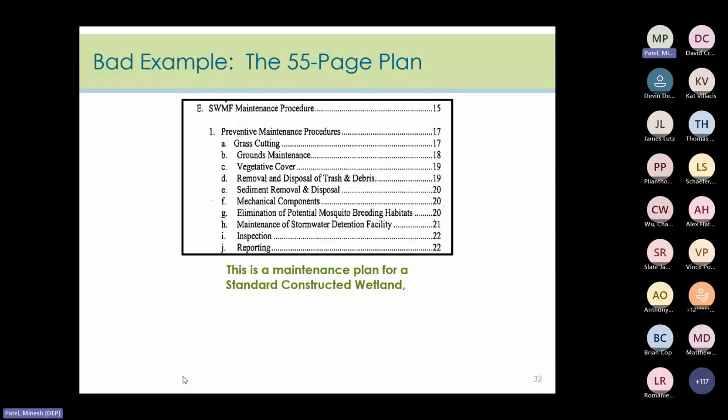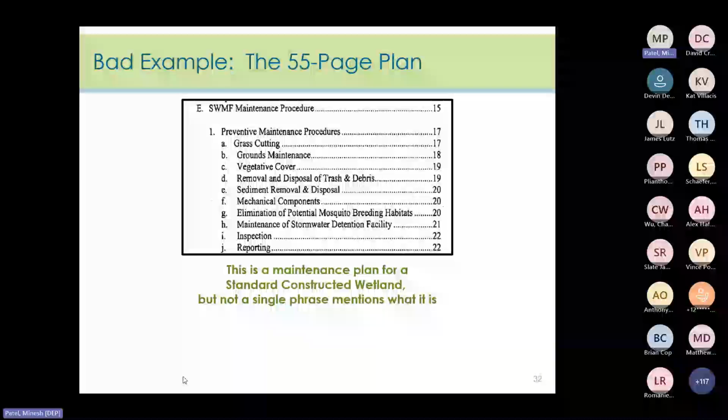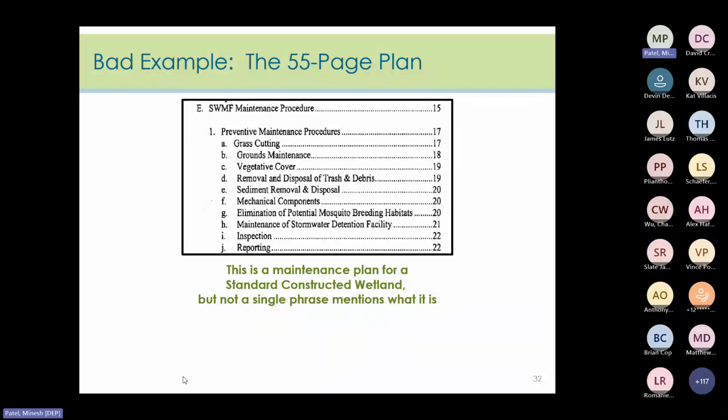What this illustrates is that the reviewer has a responsibility to check the details provided in the plan so that the permittee meets the permit requirement to ensure long-term operation and maintenance. In this case, this is an actual approved maintenance plan that had absolutely nothing to do with the constructed wetland that was shown on the approved plan.